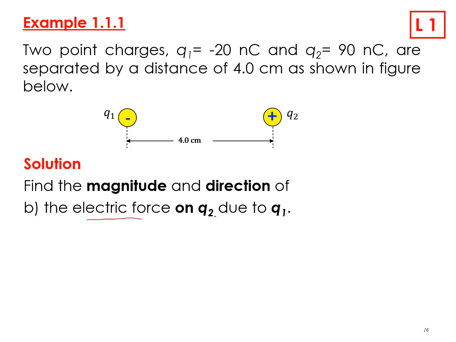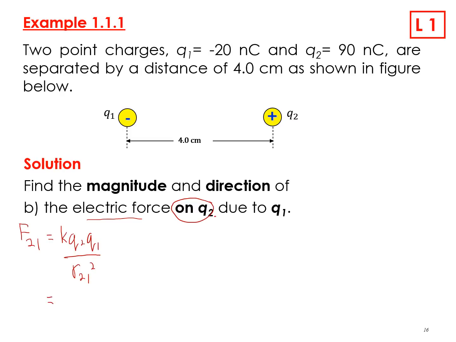Electric force on Q2. So, F, you label it with the subscript 21, since it's on Q2 due to Q1. The equation is F = k Q2 Q1 over r21 squared.